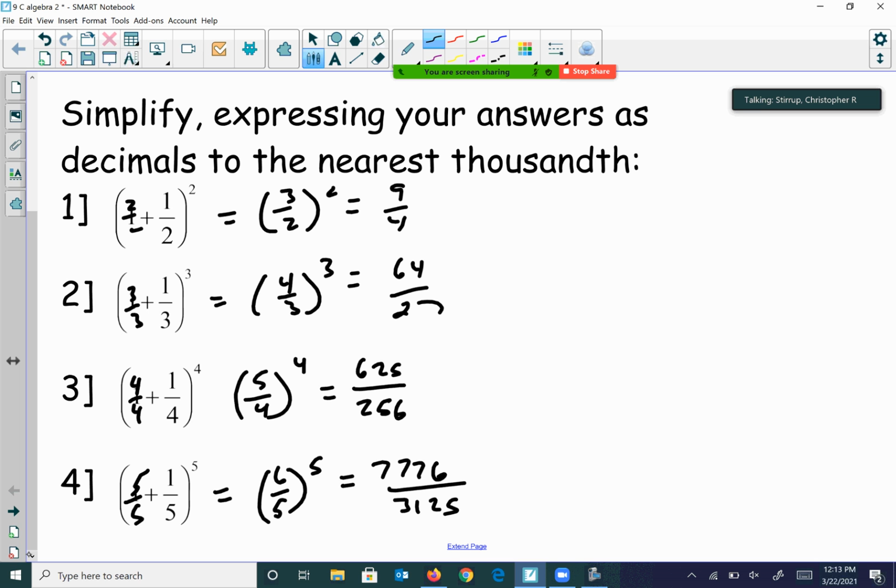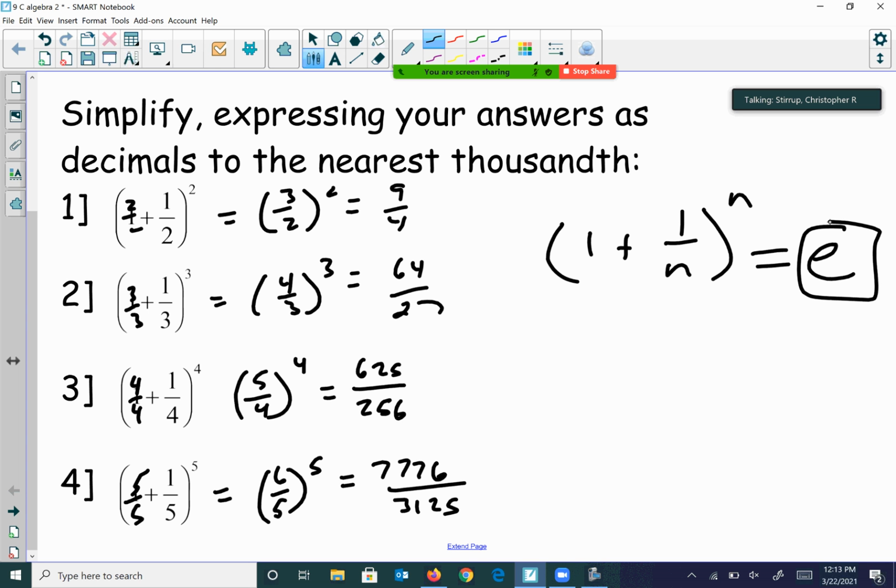Okay, so the sequence that they're dealing with is 1 plus 1 over n, and then you're raising it to the n power. As you improve this to become larger and larger and larger, it becomes the number e.